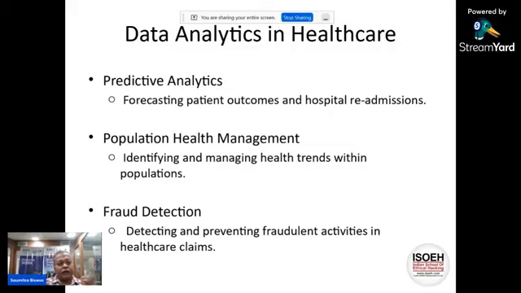So I'm going to talk about these main topics: predictive analytics, population health management, fraud detection, and there are some more. After I give these main topics, I'm going to explain these things. I'm going to give some use cases also. So predictive analytics: it is a way of forecasting outcomes of patients.